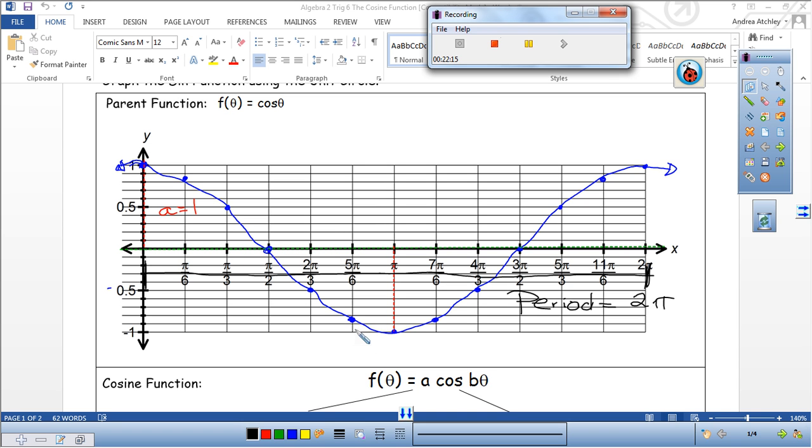Okay, we already talked about the big difference here. Sine normally starts at 0, right? Sine curve starts at 0 and makes the curve. Cosine starts at the amplitude and goes down and makes the curve. When you put them next to each other, they're hard to distinguish between which one's which. When we graph sine, it was sin, right?